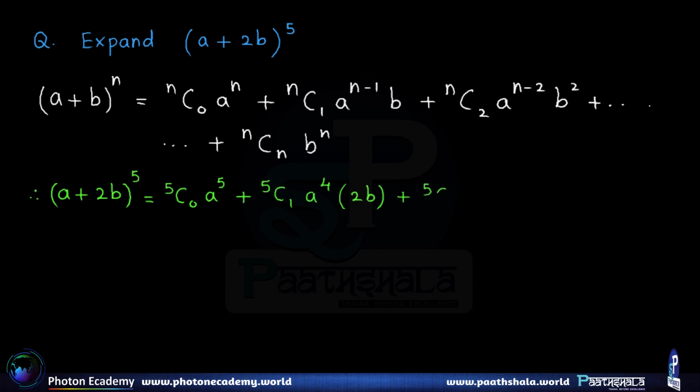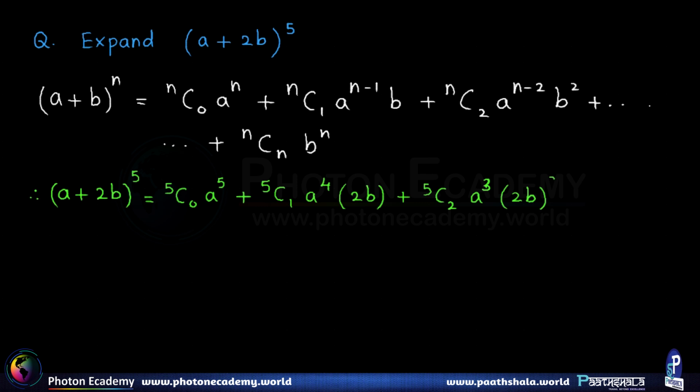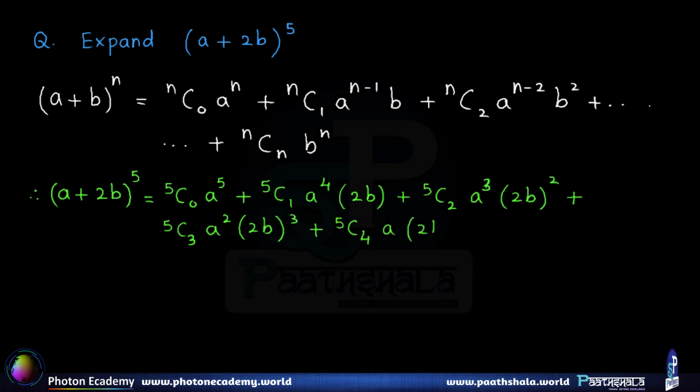Then moving on, we have 5C2, a becomes now a cube, and we have (2b) the whole square, plus 5C3 a square (2b) the whole cube, plus 5C4, we have just a (2b) raised to 4, and lastly we have 5C5 into (2b) whole raised to 5, right?